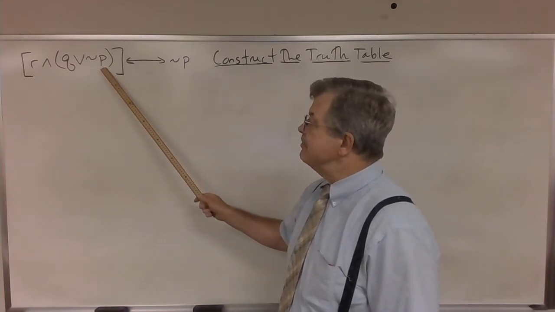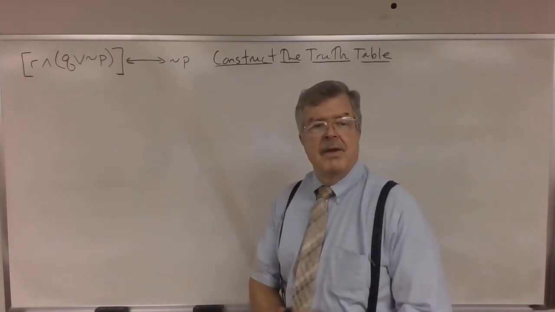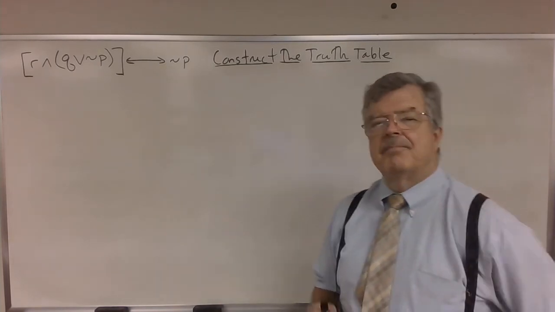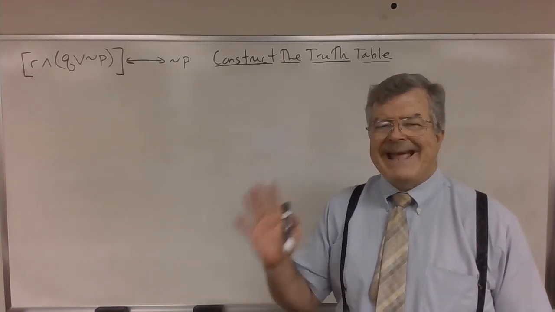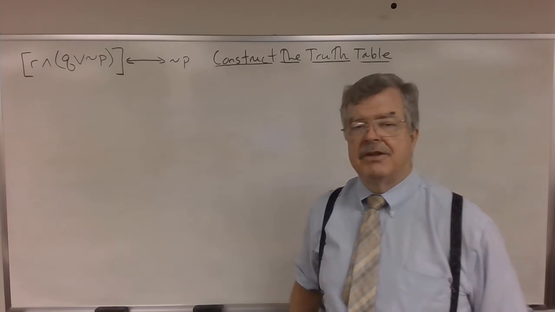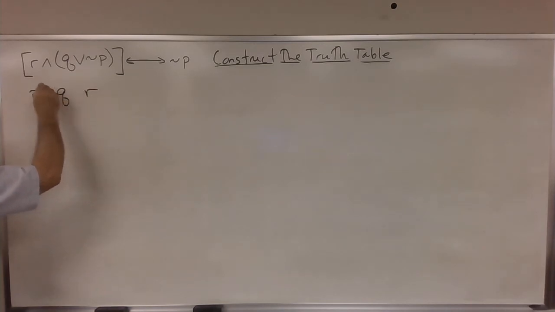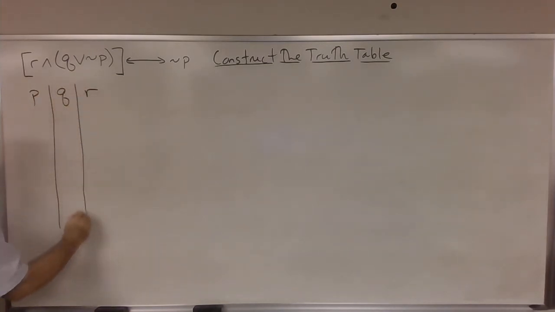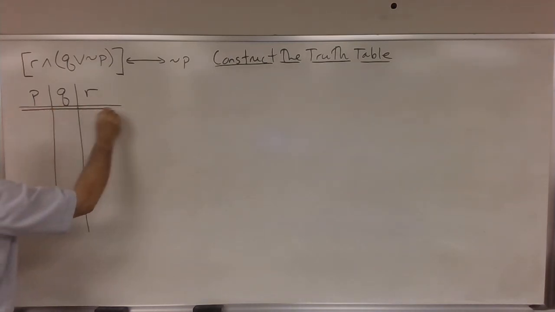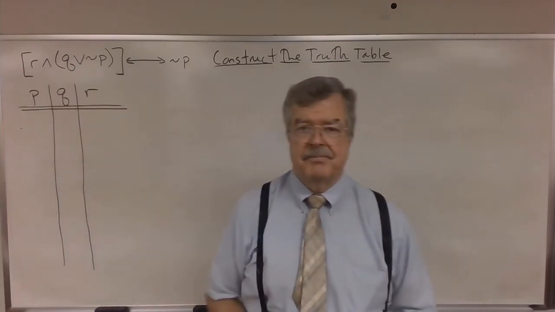We have the simple statement P, the simple statement Q, the simple statement R, which means that we're going to have to prepare our statement for 8 different possible combinations of truth values for P, Q, and R. Now, P can either be true or false.